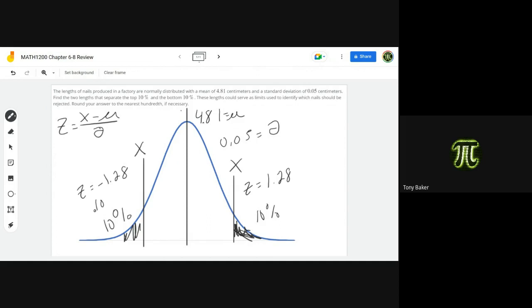How did you find the 1.28? So in the middle, look for 0.10. It's going to be on the negative side. And then find the one closest to 0.10.